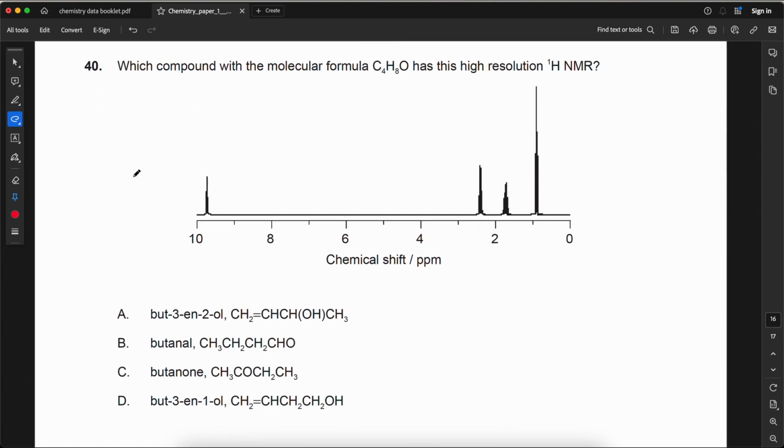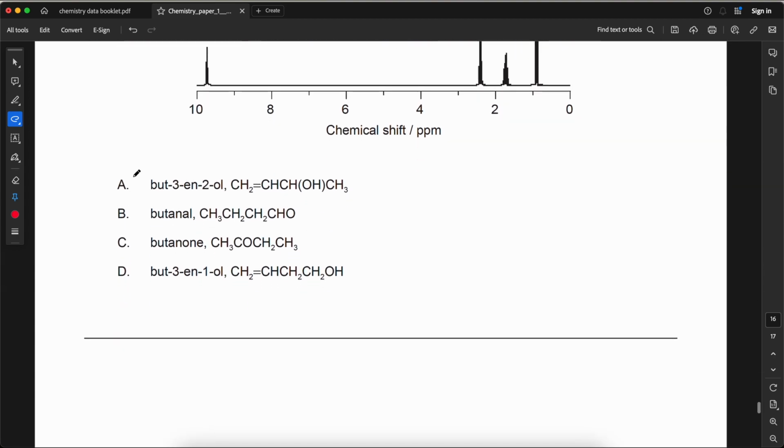Which compound with the molecular formula C4H8O has this high resolution H NMR? It has 4 peaks.